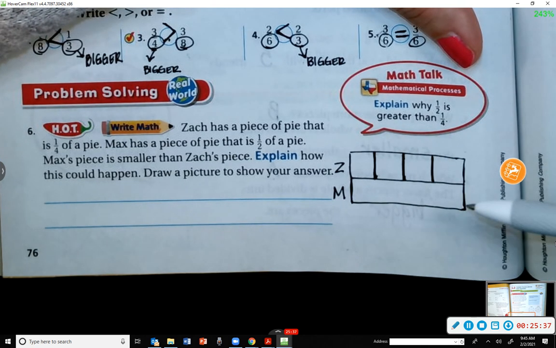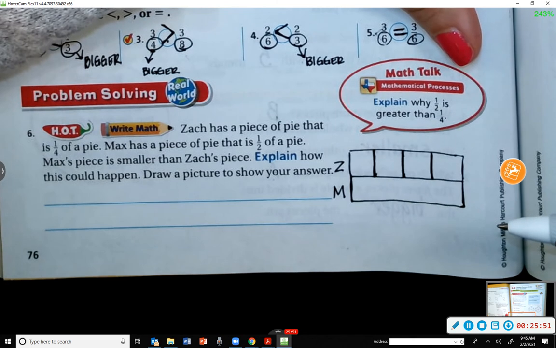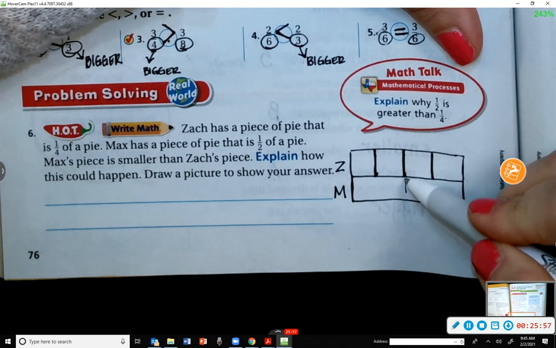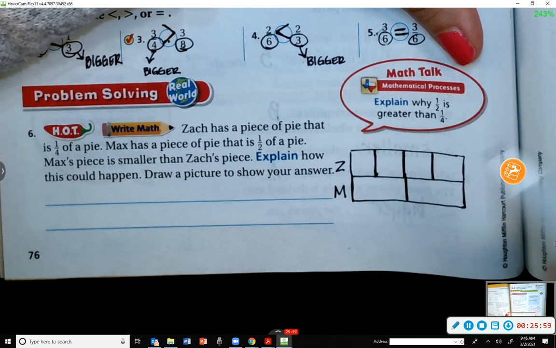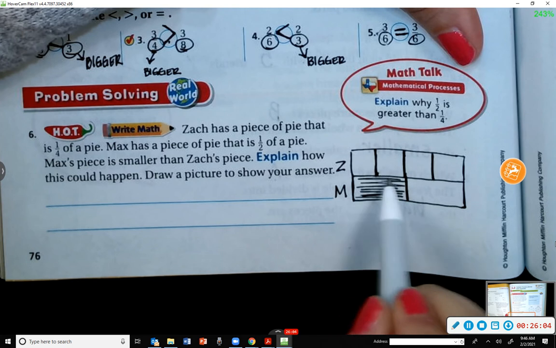Okay? Now, Max. What half? How do I draw Max's strip? Tavea, what do you think? One line, good. Just right down the middle, right? So Max is eating 1/2. Zach is eating 1/4.